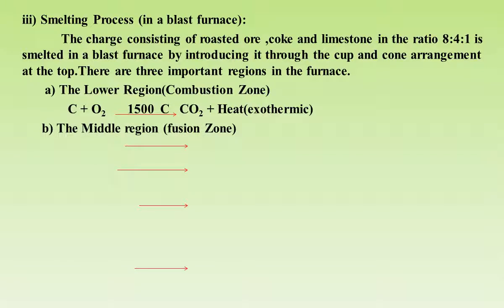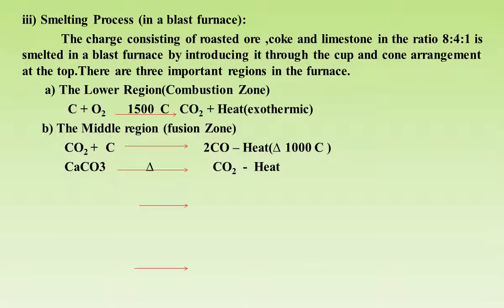In the middle region, the fusion zone, carbon dioxide combines with carbon to give carbon monoxide and heat, at around 1000 degrees Celsius. And calcium carbonate, when heated, gives carbon dioxide. That is an endothermic process due to the absorption of heat.